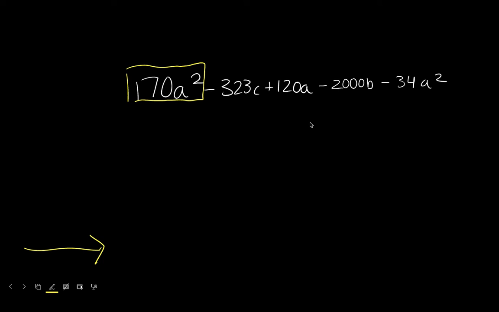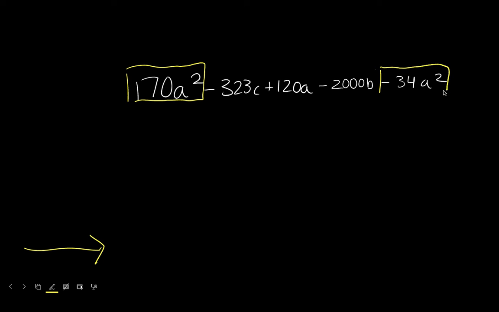Well, no, we can't. This squared sign changes what it can be combined with. So a squared is different from a. So we can't combine a with a squared. So I'm going to keep going.